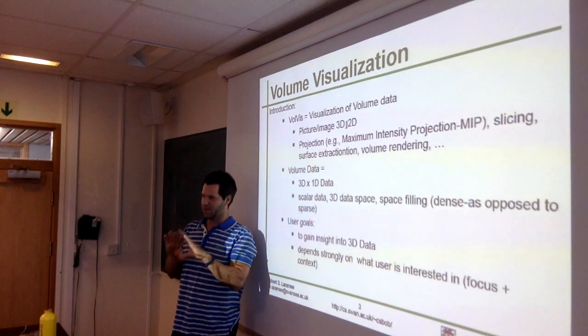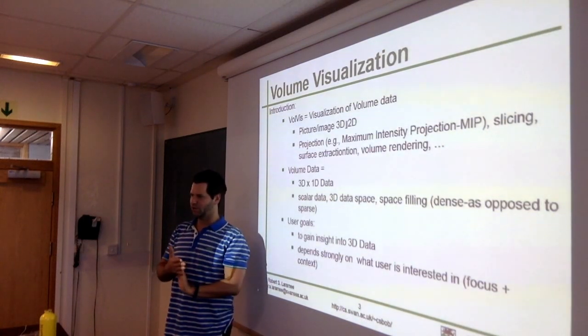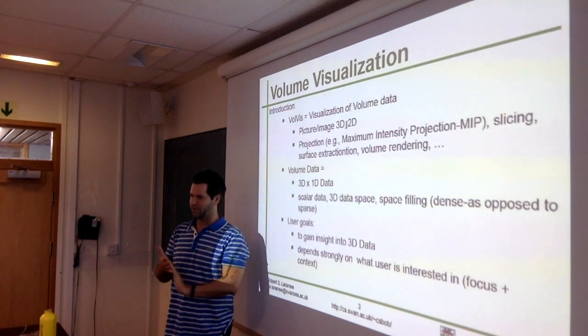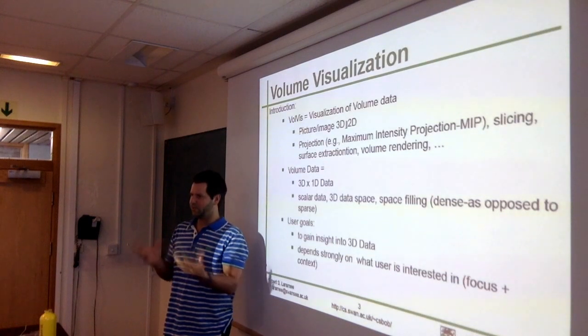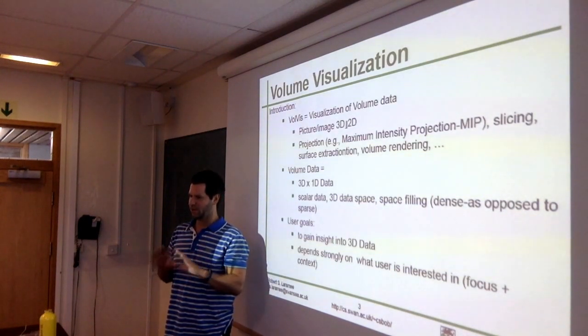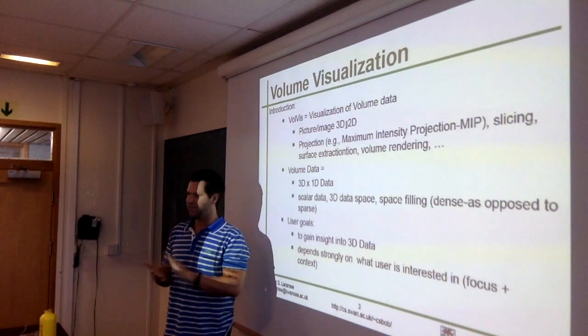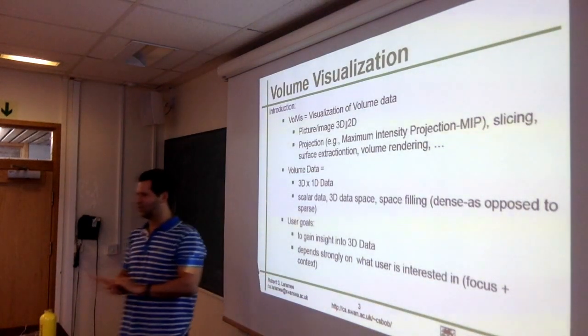How do we take that 3D data and project it onto the 2D screen or the 2D display space? That's the one-sentence summary of volume visualization. And there are lots of different ways to do that.